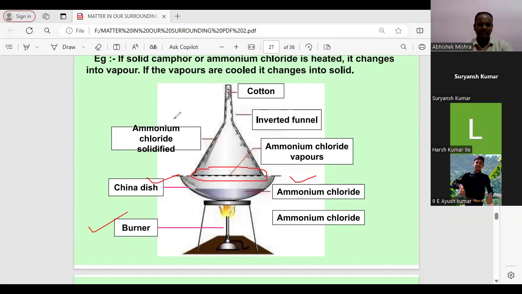Now if it is cooled, the ammonium chloride solidifies. So here we can see the interconversion between the states of matter. Yes, Harsh. Yes.